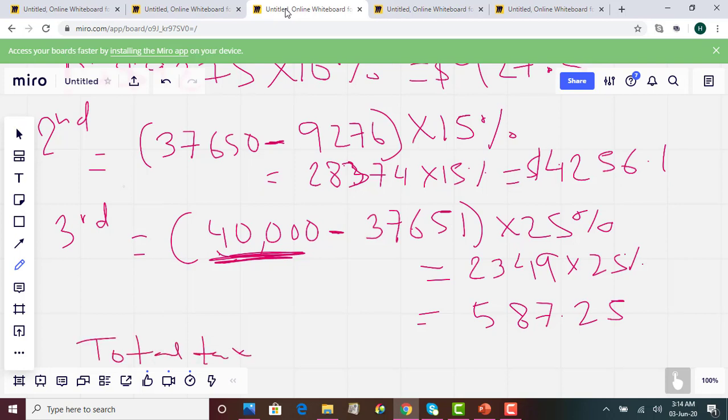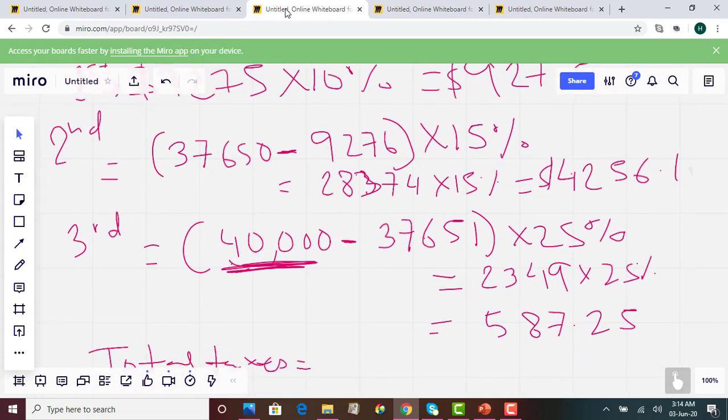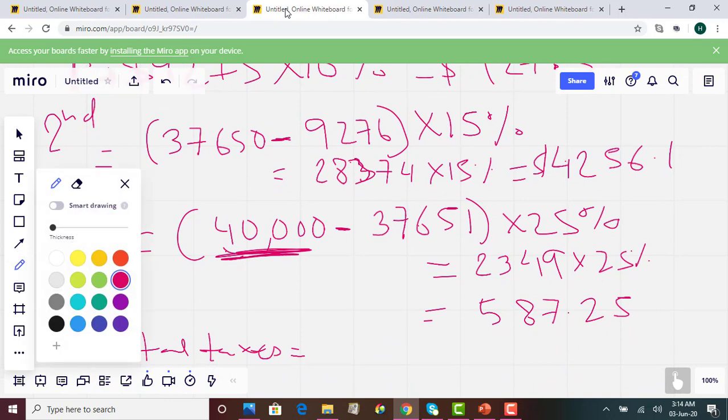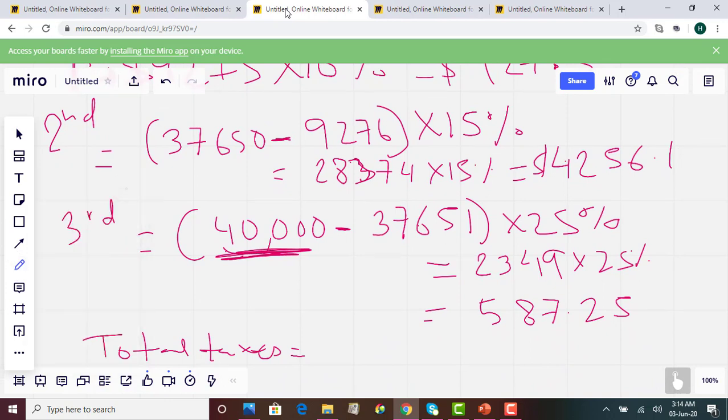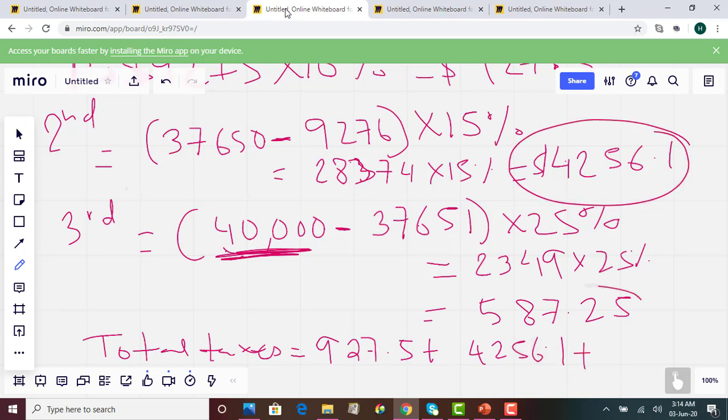Now we know the taxes at the different levels, and we calculate the total taxes he paid. The total taxes he's going to pay is 927.5, which is coming from the first $9,275, plus 4,256.1, plus 587.25.